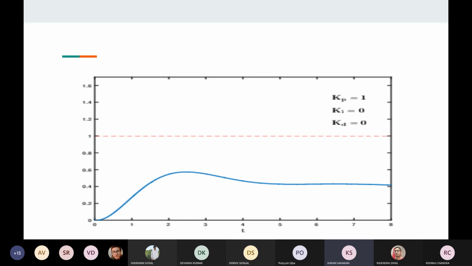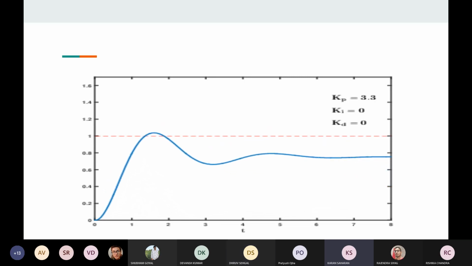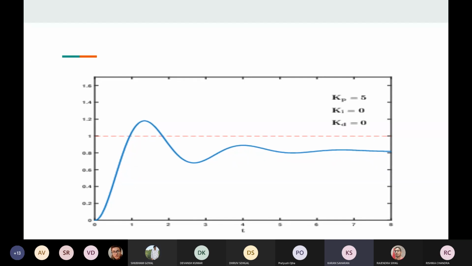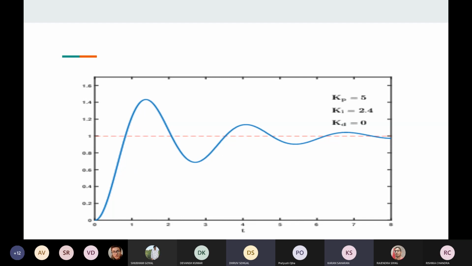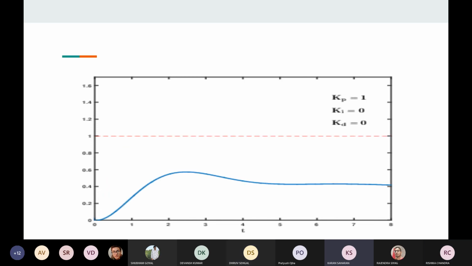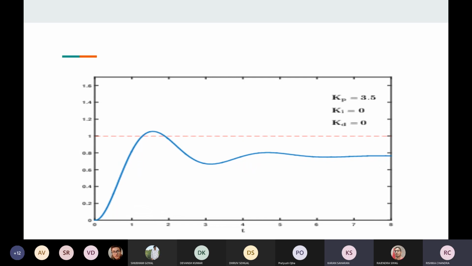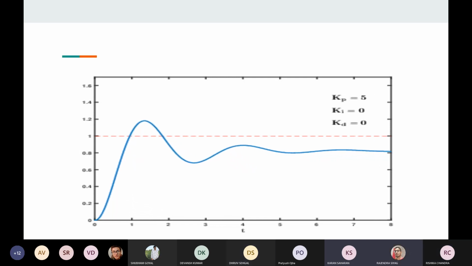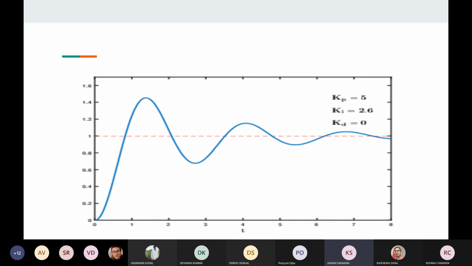Sir, I'm telling, the proportional controller is KP into error. If the error is 0, then the proportional is 0, and the output is 0.